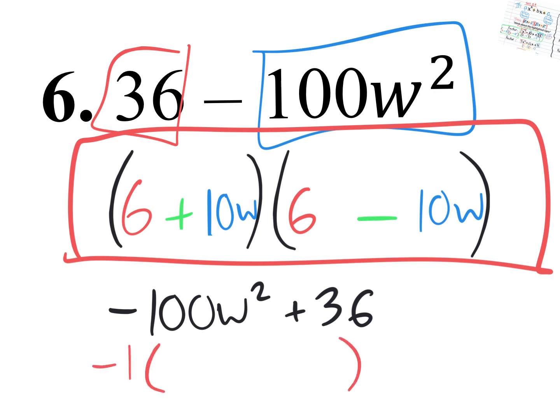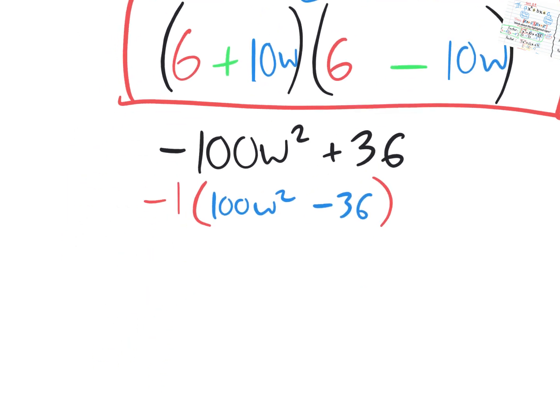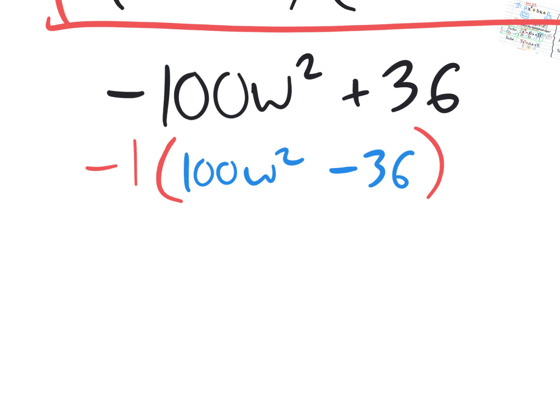That way, when you pull out a negative 1, negative 1 times what gets you back to a negative 100w squared? Then it would be a positive 100w squared. And then negative 1 times what will get you back to a positive 36? That would be a negative 36. And now that you factored out a negative 1, now you have a difference of two perfect square terms.